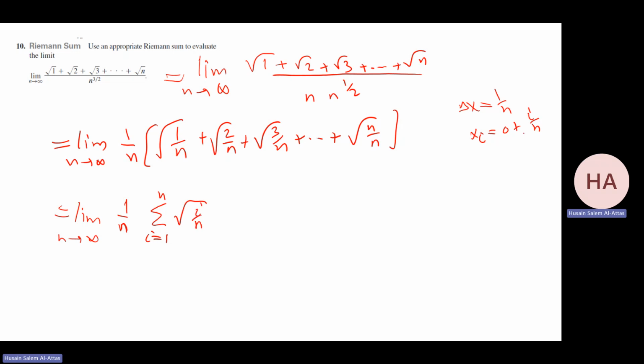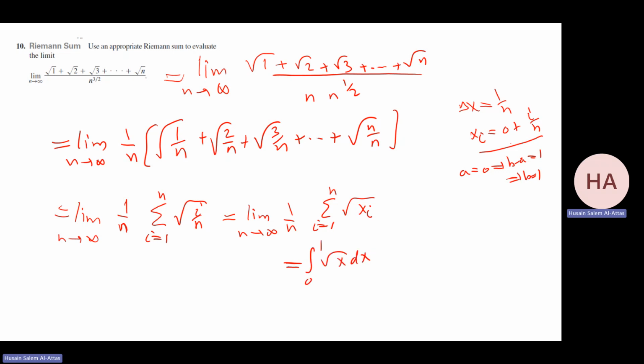Okay, so this will be xi. So this will be limit n goes to infinity, 1 over n summation, i equals 1 to n of square root xi. And a equals 0, and b minus a equals 1, so b equals 1. So this will be the integral from 0 to 1, square root of x dx.